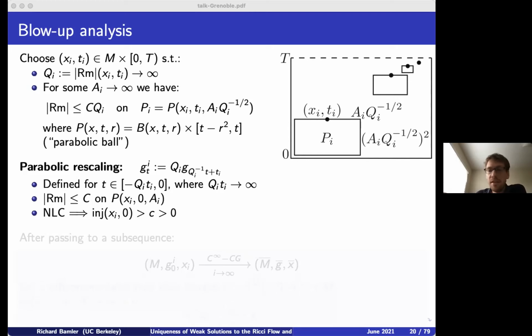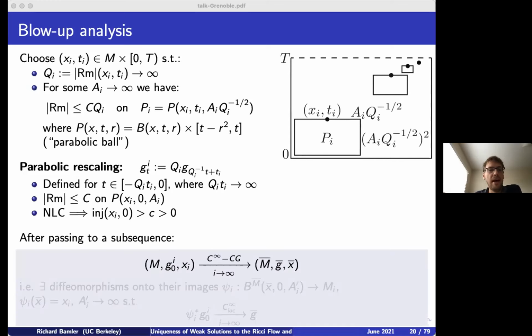These conditions allow me to apply geometric convergence. So after passing to a subsequence, I get geometric convergence of these pointed Riemannian manifolds, gi at time 0, with uniform upper curvature bounds and a lower injectivity radius bound.